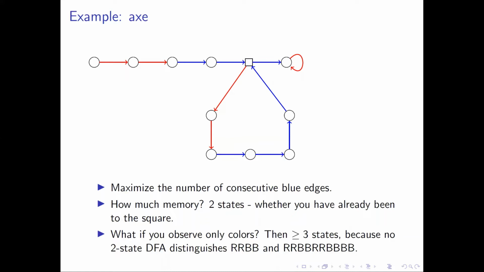Now, what's the problem? I'm interested in the amount of memory I need to realize this optimal infinite path. And in fact, I'm interested in 2 kinds of memory. One is general memory, and the other one is chromatic memory. It's just a special case of general memory. But let's first see what we can do with general memory here.